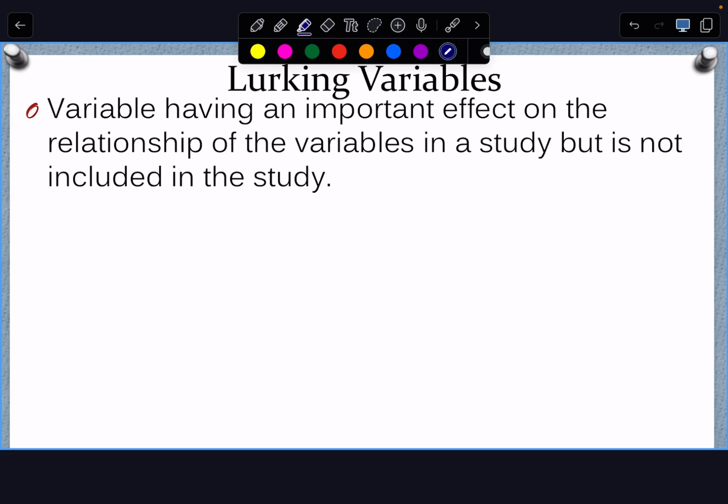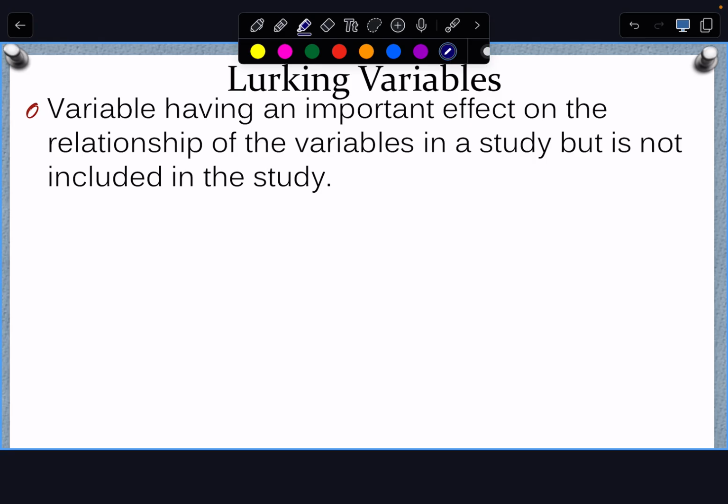What we have to think about is when we look at those two variables, could there be something else, something that we didn't measure, something we didn't look at, that's actually driving the relationship we see? So we call those lurking variables. So it's a variable that has an important effect on the relationship of the variables that we are studying, but it's not a variable we looked at.